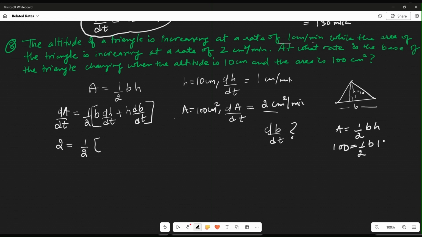Half of 10 is 5, so 100 divided by 5 is going to be 20 centimeters. We have just calculated that b is equal to 20 centimeters. So 20 multiplied by dh over dt, which is 1, plus h, which is 10, times db over dt, which is unknown.